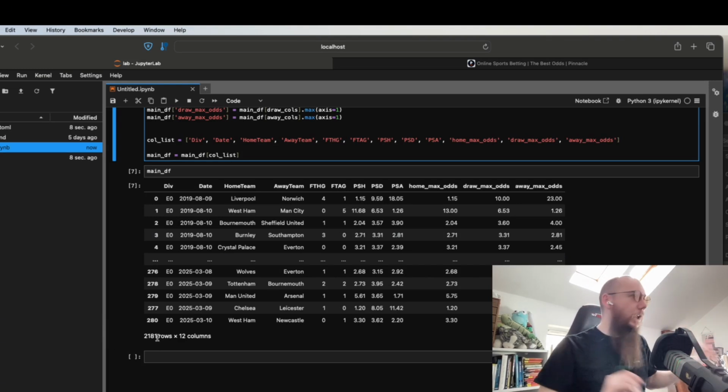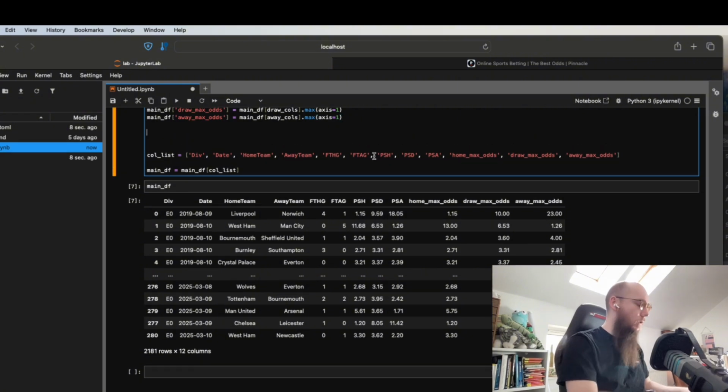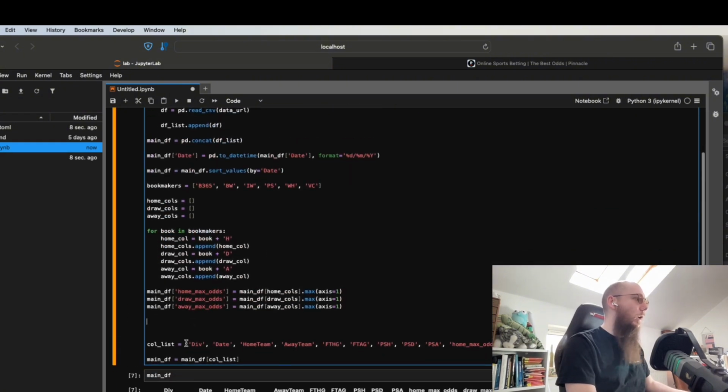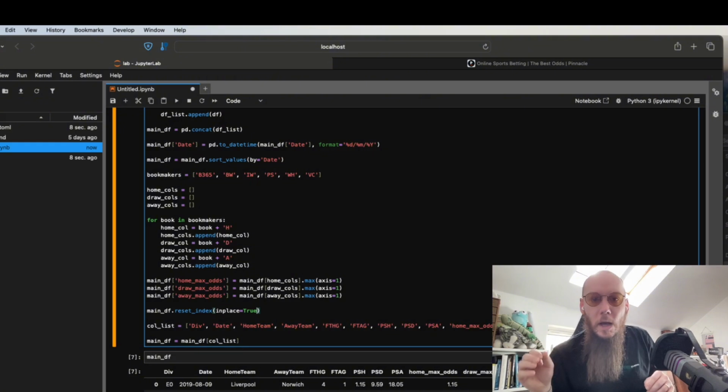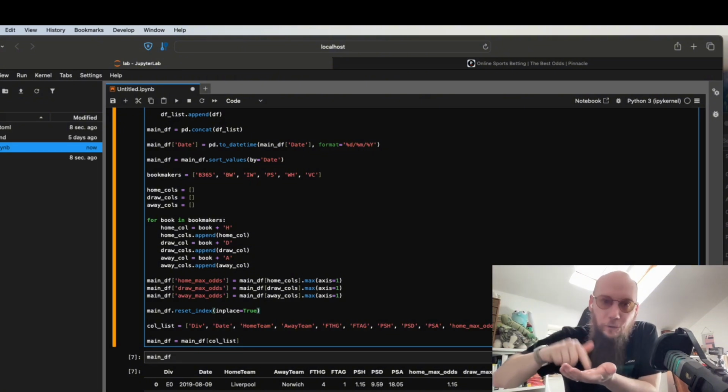2180. We can do that using reset index, and we're going to do that right here because there's basically no reason not to. So underneath where we create the max odds, we're just going to put in main df.reset_index, and then we're going to use an argument called inplace, which is us telling pandas, I want you to do this on the data frame that I've just given you.